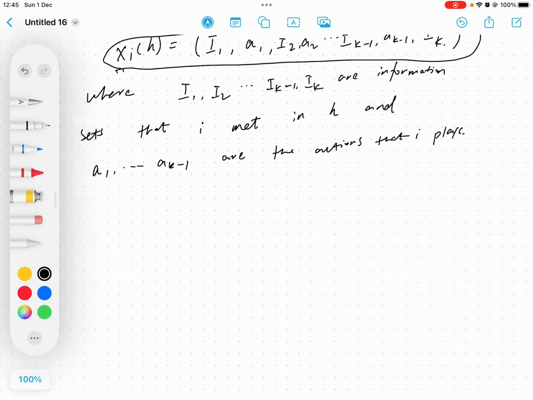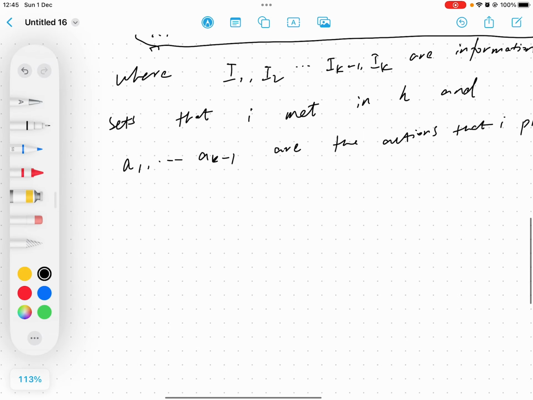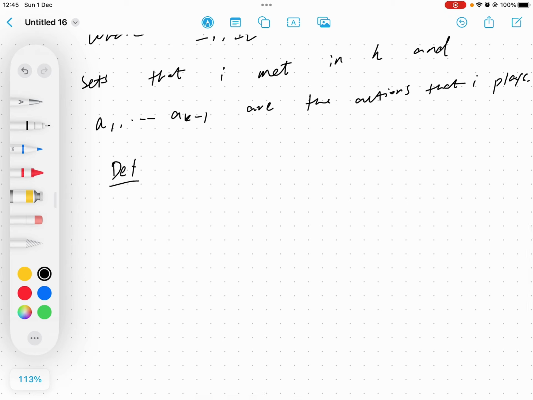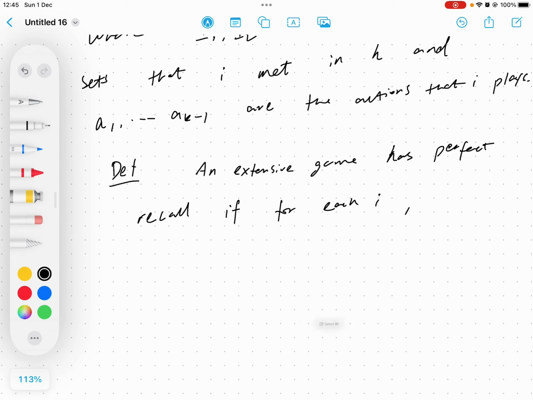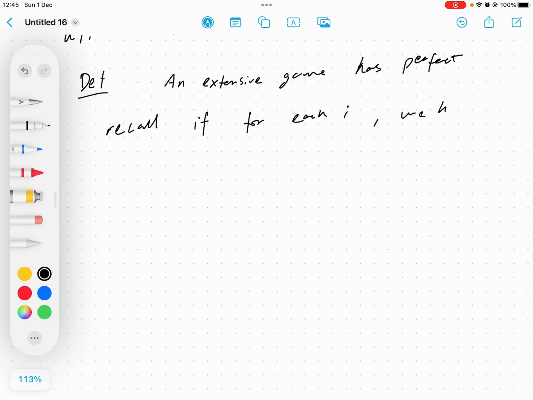So let's have this definition of perfect recall. An extensive form game has perfect recall if for each player I we have the following condition on this function xi: xi given some history h must equal xi given some other history h prime.